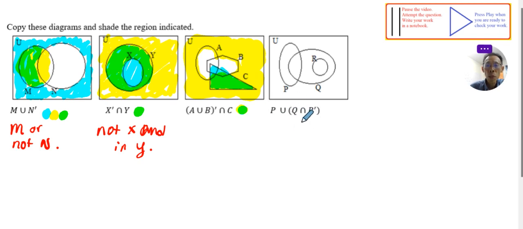Next, P union Q and not R. Let's do the second part first, Q and not R. Q and not R, so that means this. Q, everything in Q, but I cannot shade R. So Q and not R, that means just this part. And then after that, I have to union everything in P. P is this.